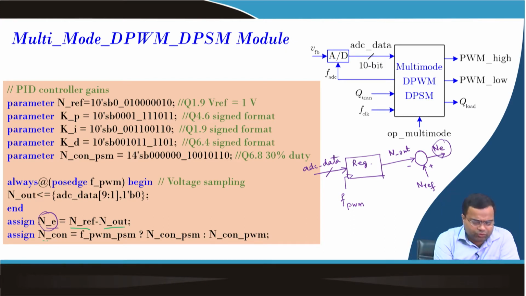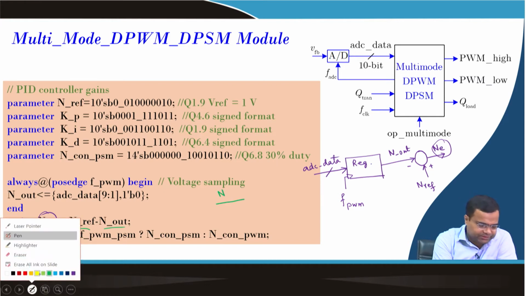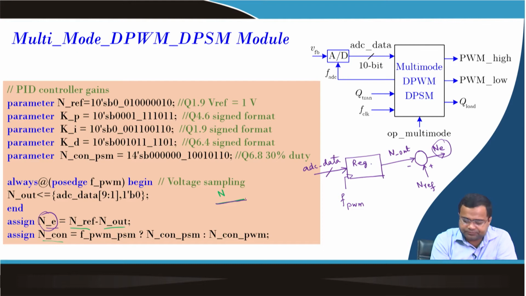Now, the controller output, since we are going to use DPWM, we will discuss this structure. If we consider this N con, this is going to our DPWM block.